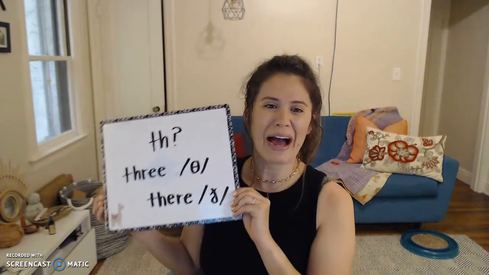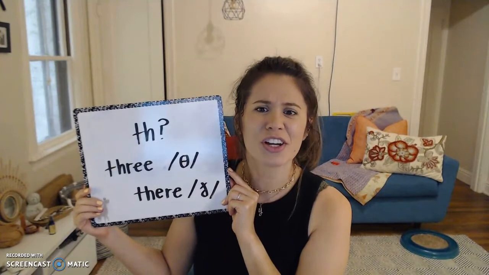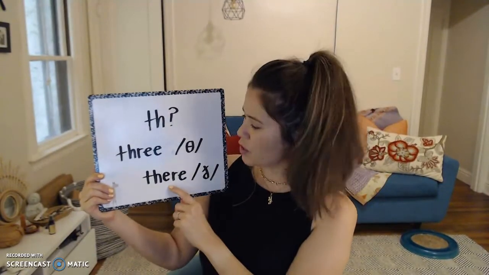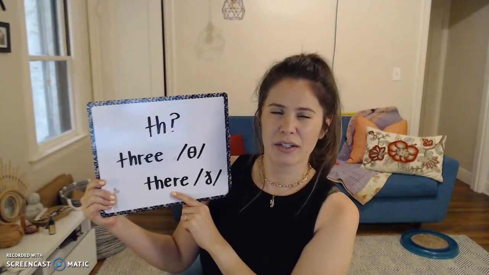That's confusing. We also have this TH combination. So how do you pronounce TH in English? Look at the word three and then the word there. Is that TH the same pronunciation?